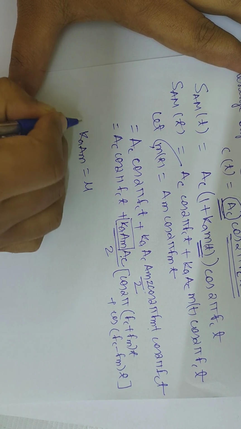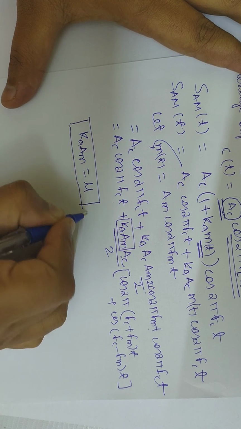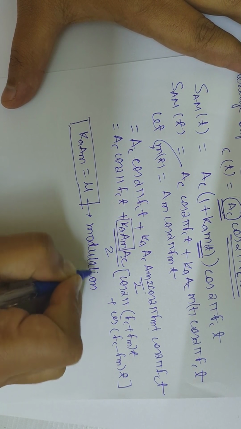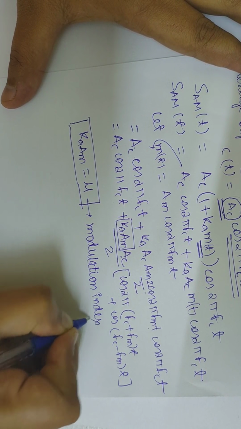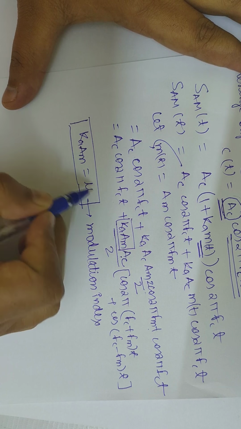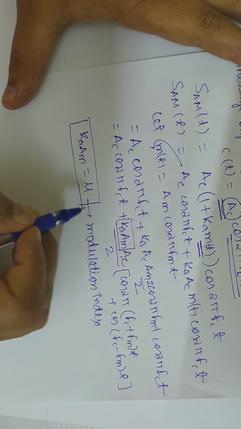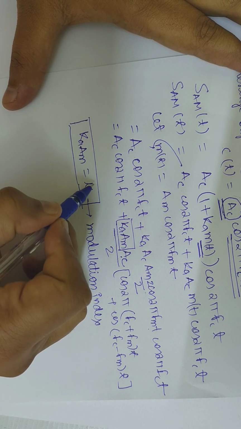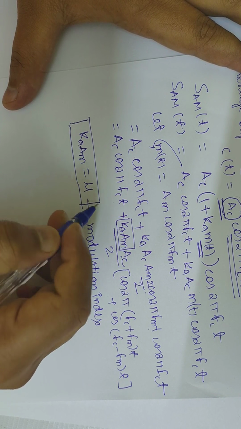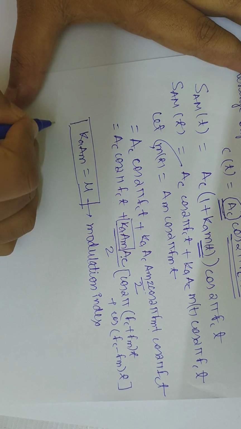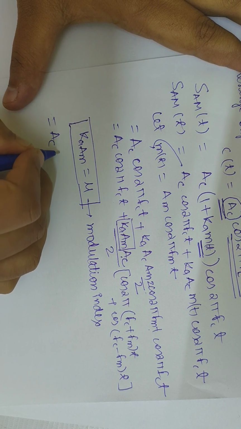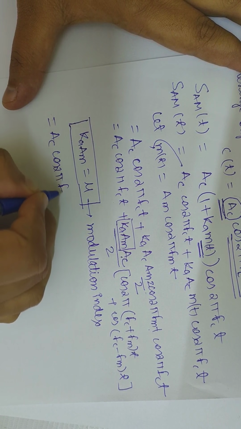Ka Am is equal to mu. Mu is known as the modulation index. Why it is called the modulation index, we will discuss later in detail, along with this variable. Now let's continue with our discussion of the AM signal as Ac cos 2 pi fc t.